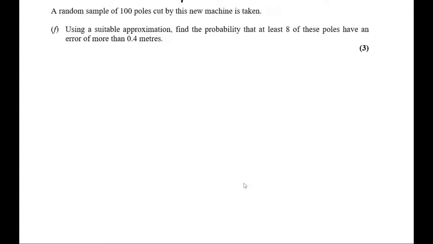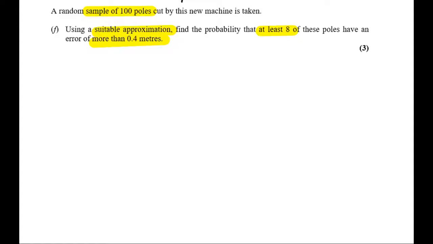So, firstly, clues in the question. I now have a sample size of 100 poles. I'm being asked to use an approximation, and the probability that at least 8 have an error of more than 0.4 meters.